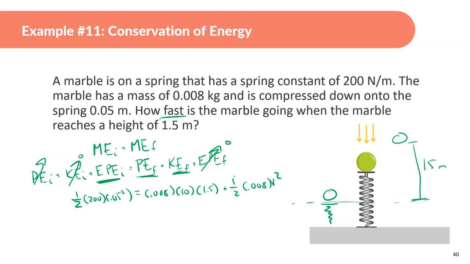So let's simplify a lot of things. 100 times 0.05 squared, and it's going to be 0.25, is equal to 5 times 10 times 0.008, 0.12, plus 0.004 v squared. Okay, so let's see. 0.25 minus 0.12 divided by 0.004, and we get 5.7 meters per second.